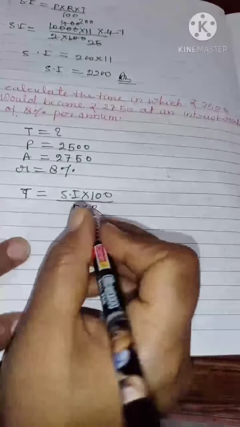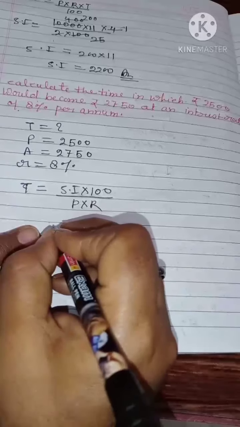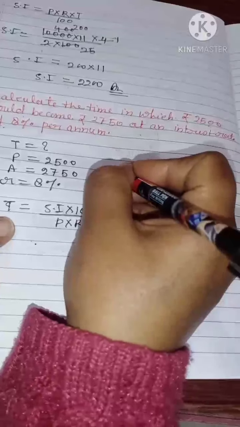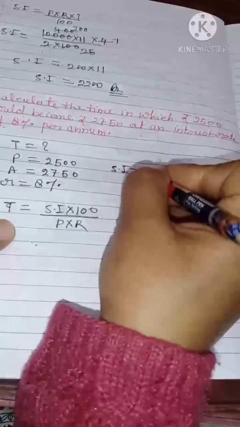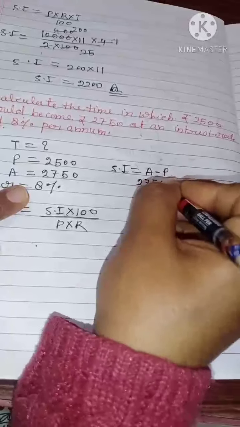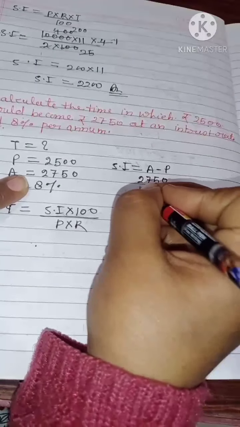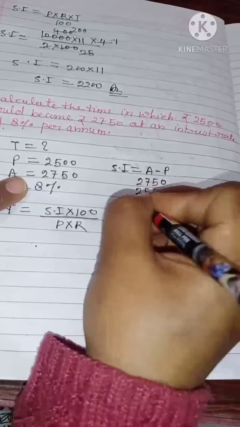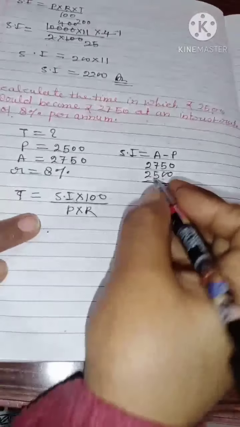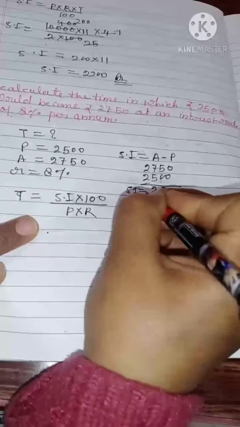So T, simple interest is how much beta? You just calculate simple interest. Simple interest formula is beta A minus P. A is 2750 minus 2500. So 7 minus 5, 250. So simple interest will be 250.